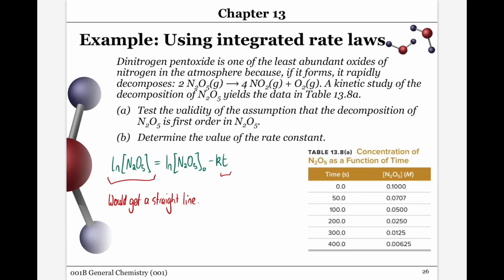So the procedure that we have to adopt would be, firstly, to take the natural log. It doesn't have to be the natural log, it could be any log. Take the log of each concentration, and then we plot it as a function of time.